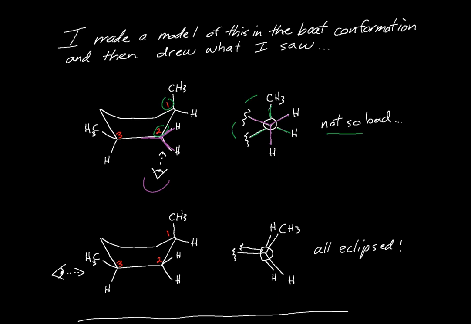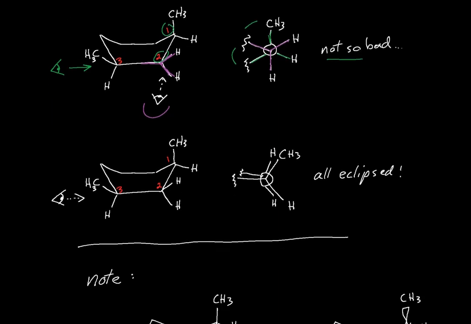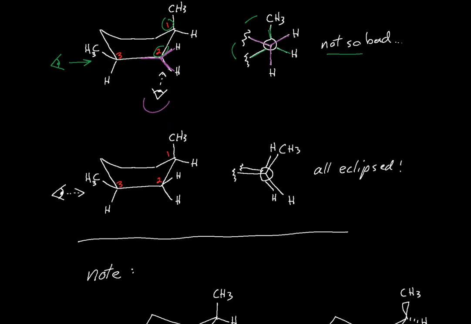Well, if we do the other analysis like we did above, looking at it from C3 to C2, take a look. That's down here. When I look at my model that I built from C3 to C2, everything is eclipsed.